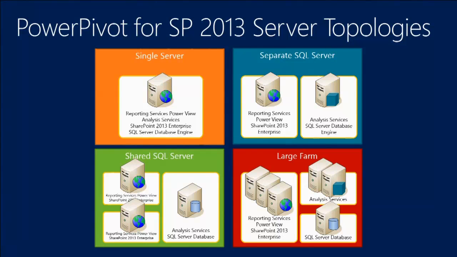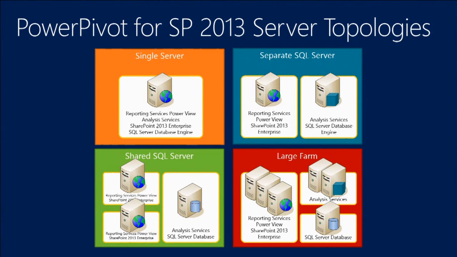So the next option is to at least move SQL Server and AS on a separate machine. The other option is to share an AS server between multiple farms. And the third is, of course, the large farm environment, where you have multiple SharePoint servers that use perhaps multiple AS servers in the back to load models.